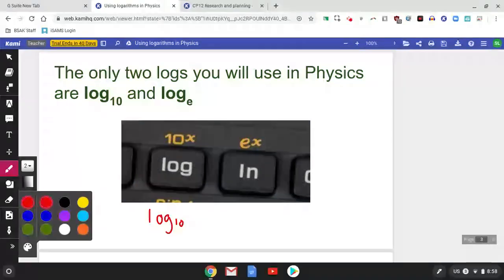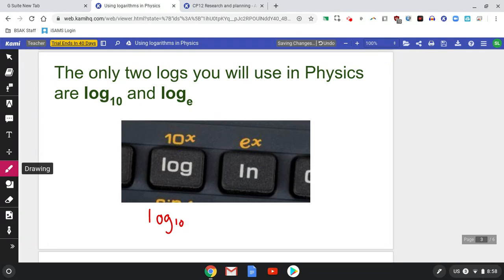Now, the other log that you'll only ever use in physics is log to base e, and that is written like this, ln. Okay, n stands for the natural number, because this thing here, the e, is called the natural number.